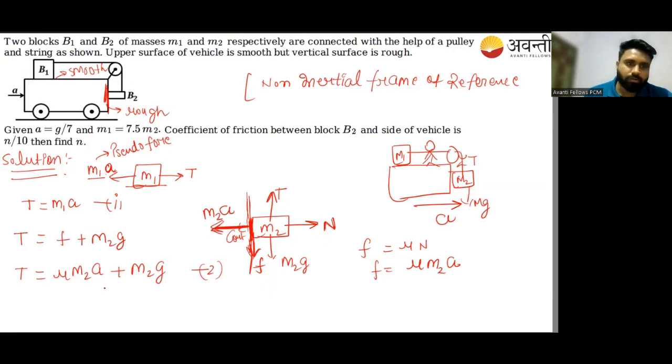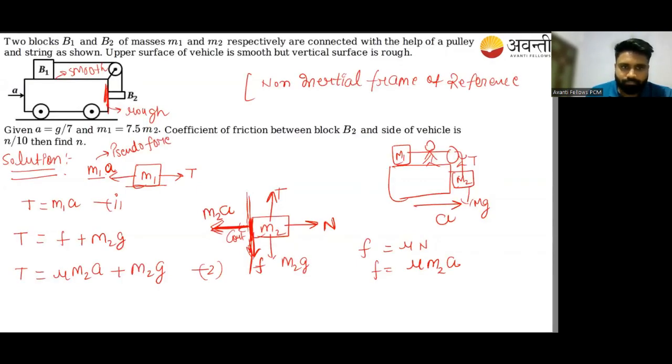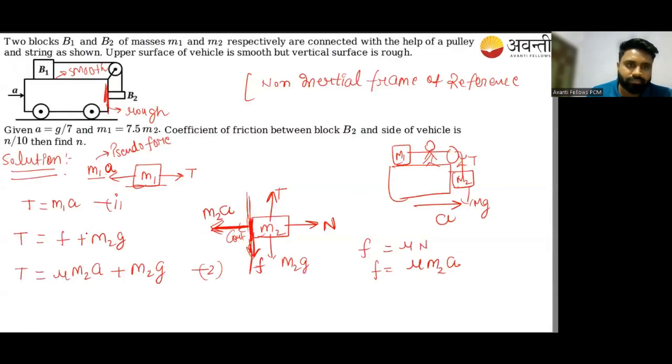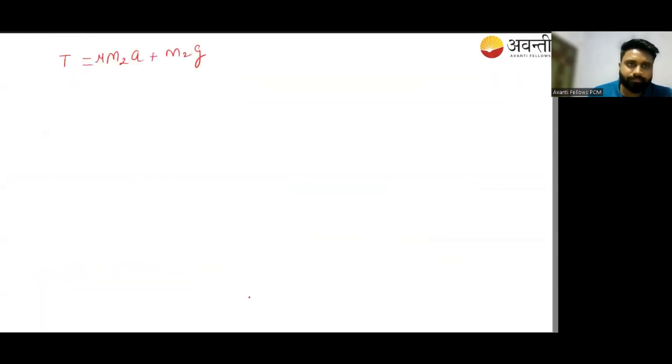Now we just have to compare these. So T is equal to mu M2A plus M2g, and the tension from the first equation is M1A. So M1A is equal to mu M2A plus M2g.